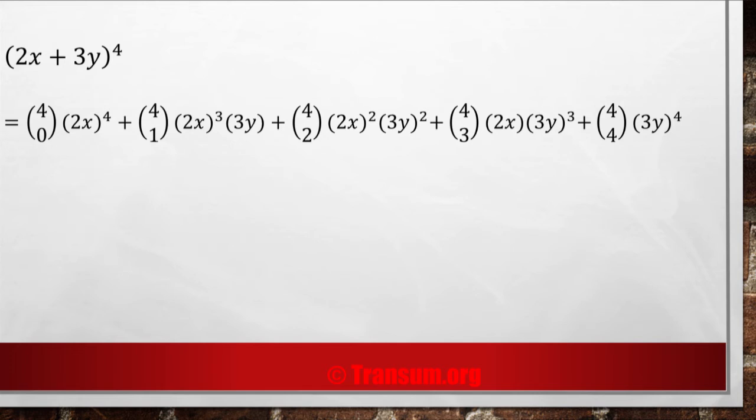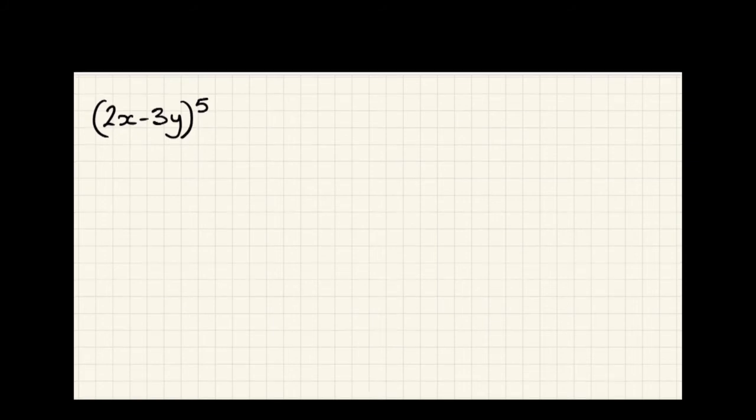So it can be a little tricky, but here's an example of a way that I think you can do it quite quickly. Here's 2x minus 3y to the power 5, and the first thing I'm going to do is just quickly jot down Pascal's triangle, because I think for a number like 5 it's actually quicker to do that than to go to the calculator.